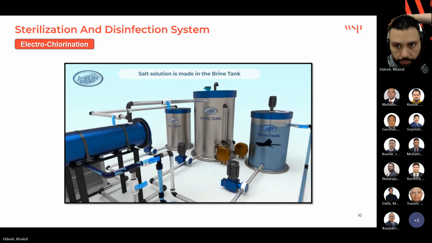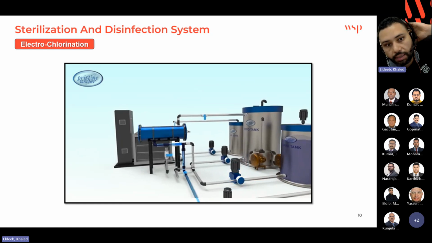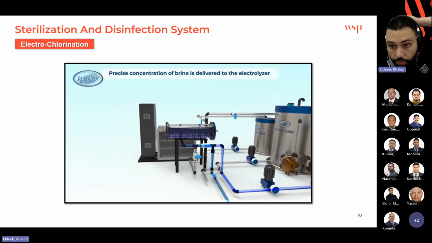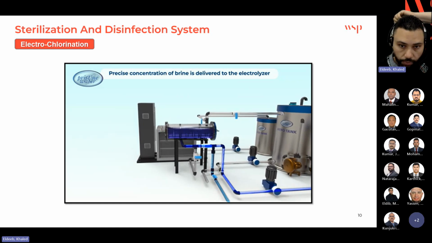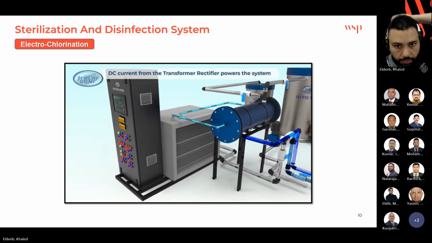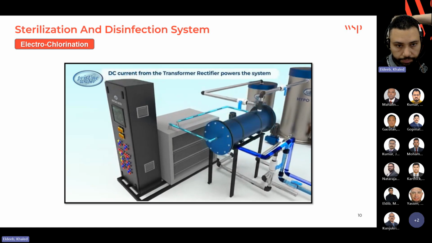See here. Then we have brine. We mix the salt with the water. The brine is passed through an electrolytic cell, as we are going to see here, to generate the liquid chlorine, sodium hypochlorite.